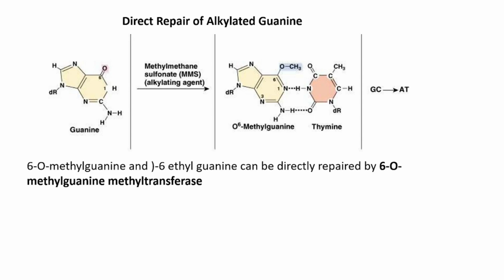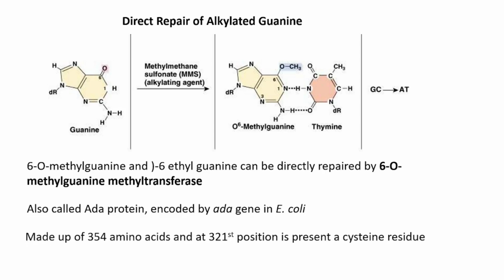This enzyme is also called ADA protein encoded by ADA gene in E. coli. It is made up of 354 amino acids and at the 321st position, a cysteine residue is present.